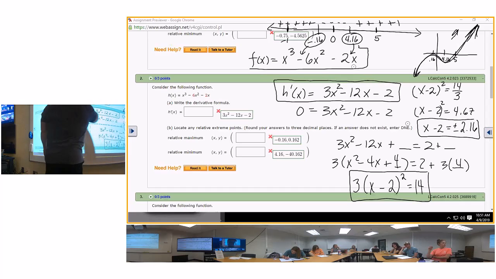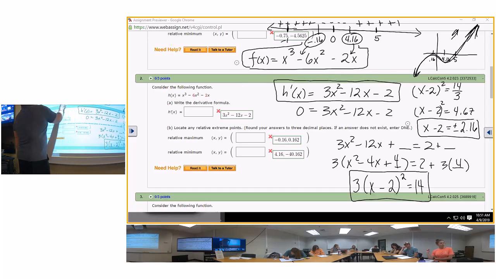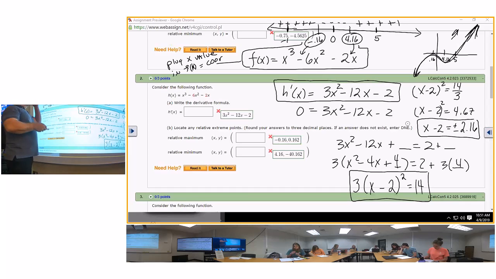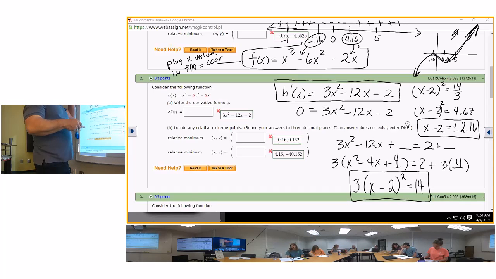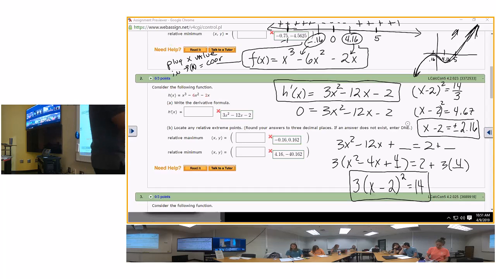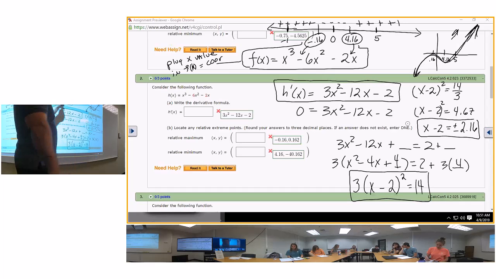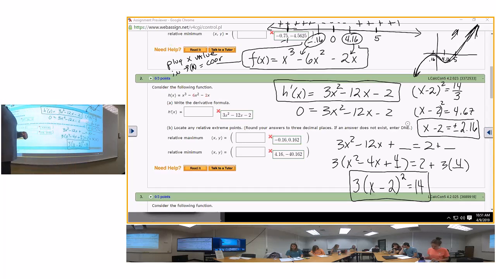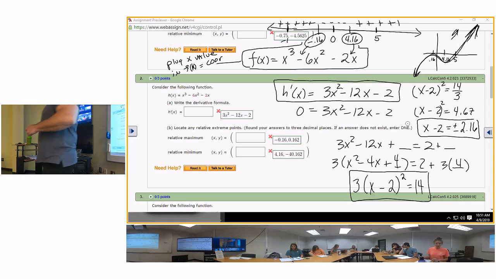When you plug the x values into the function f of x, you're basically getting the coordinates for the vertex, or the min and the max. So what do you get when you plug in negative 0.16 into this function?